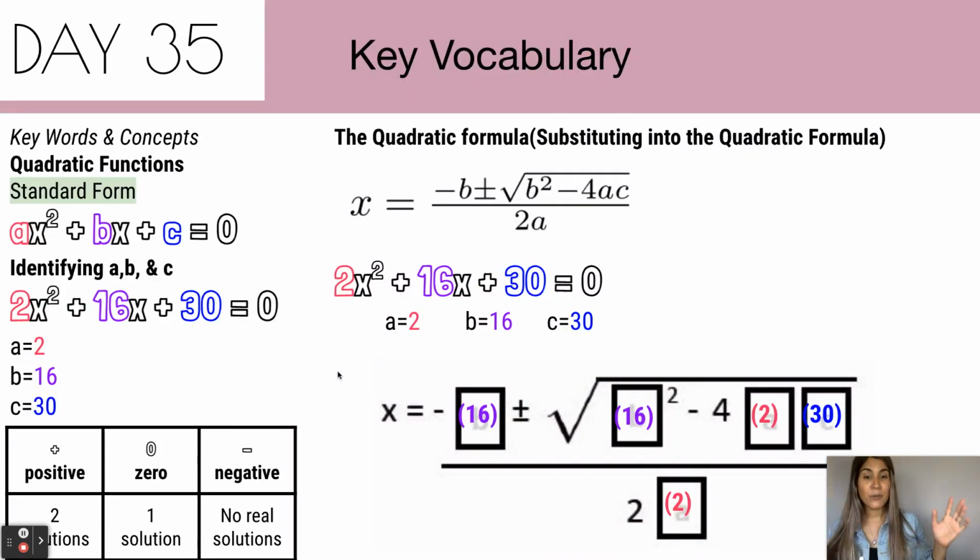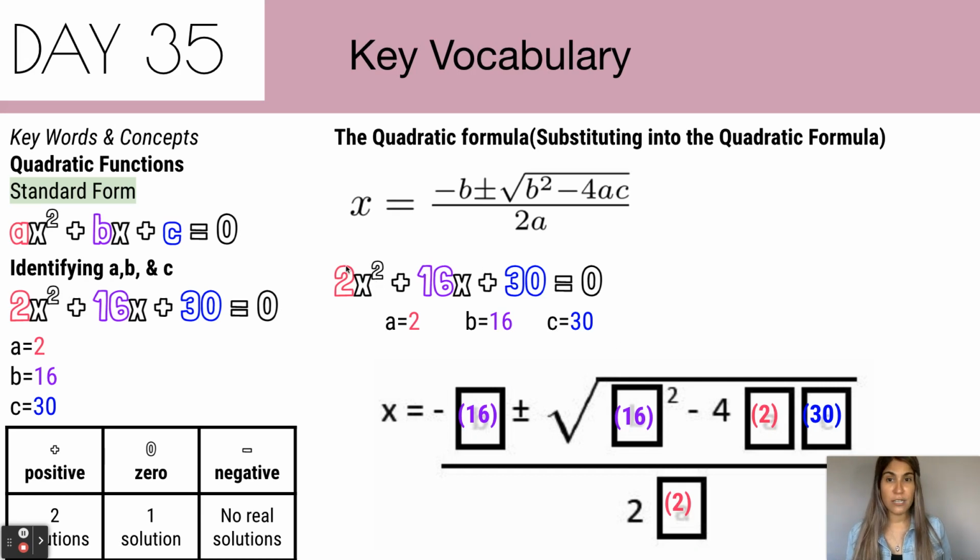Okay, so now this is the key vocabulary for day 35. Now, in this slide and the next slide, I just review what does it mean to substitute into the quadratic formula.